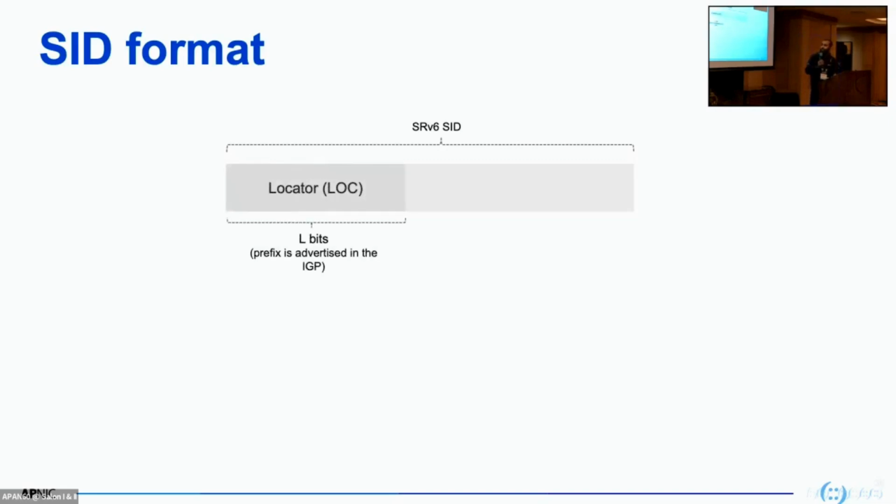So the format is, of course, the whole seed length is 128 bits, but it is divided into several pieces to identify some aspects, like it could be a device, it could be a link, it could be a task. So the first couple of bits are called locator, and it's a variable bit, so you don't have a fixed number there.